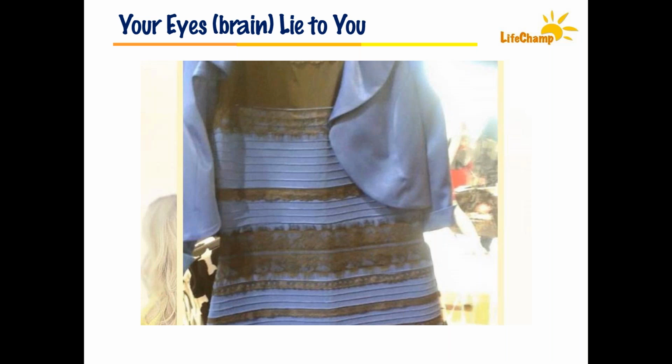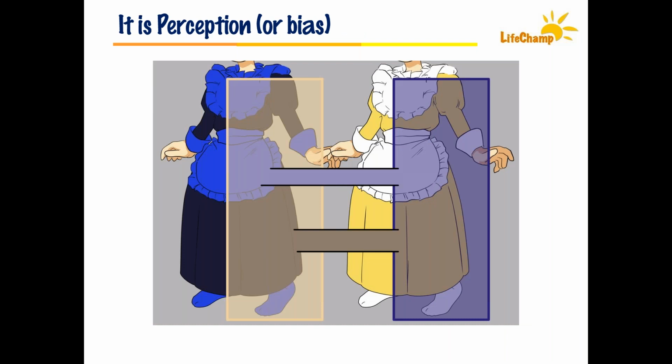It doesn't really lie, but it gives you a perception, because perception is based on the environment, and perception can also be called bias. You see, this graphic shows that the colors in these two boxes are actually the same. Why do we see them differently? Because of perception.